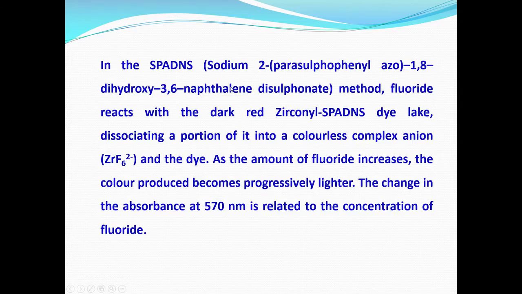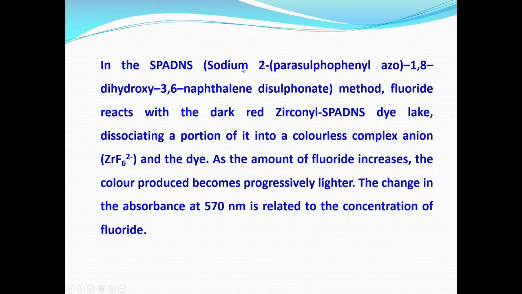You can imagine it is a fairly complex organic reagent, but it is available in large quantities because of the importance of fluoride in drinking water. In short, it is known as SPADNS.